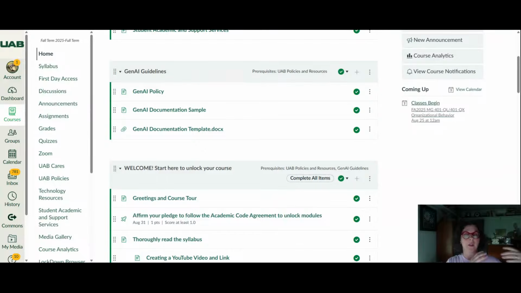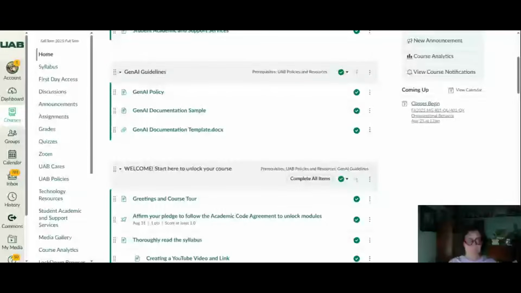Announcements are on a Sunday, and discussion boards open. You have to post your initial post on Tuesdays by noon, 12 o'clock Central Time, and you need to put your responses in by 11:59.